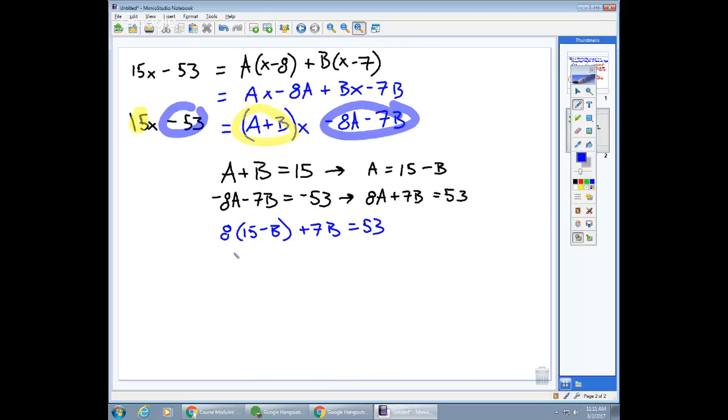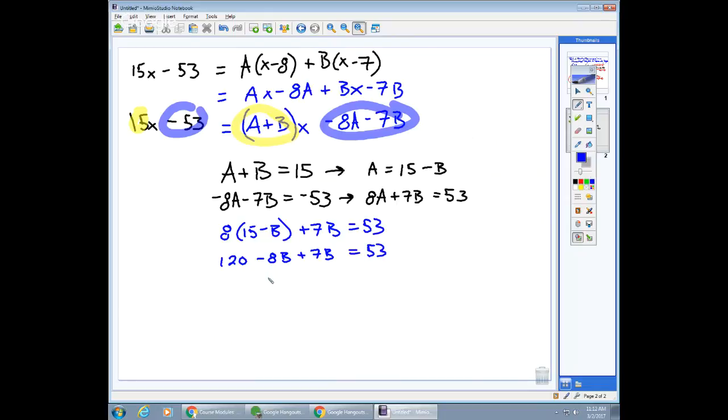And 8 times 15 is what? 120, thank you. 120 minus 8b plus 7b equals 53.